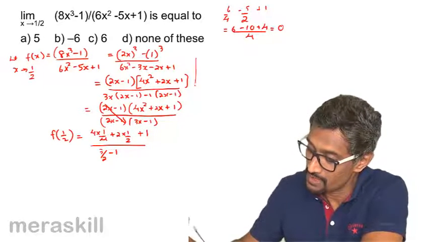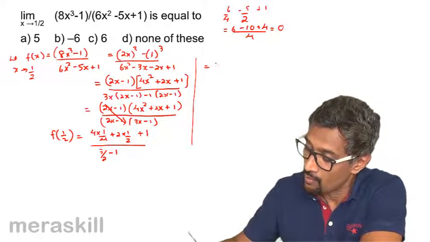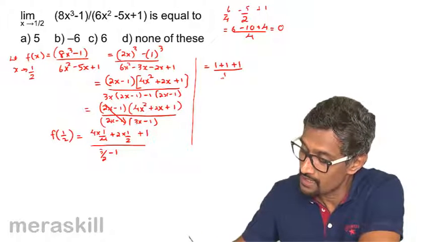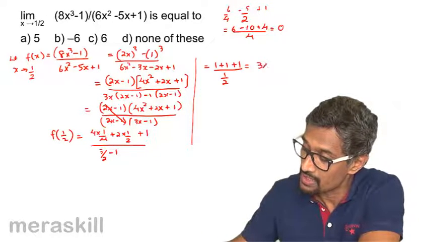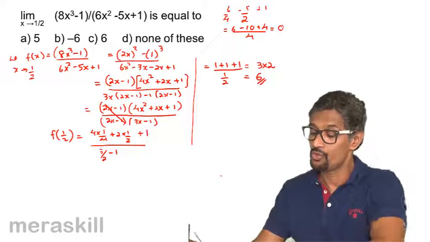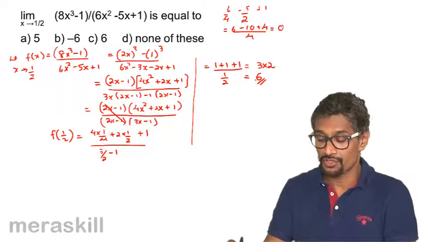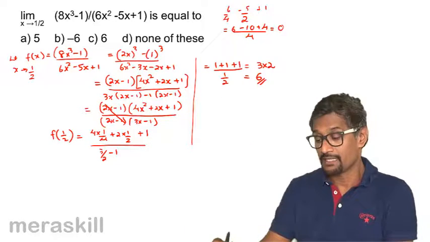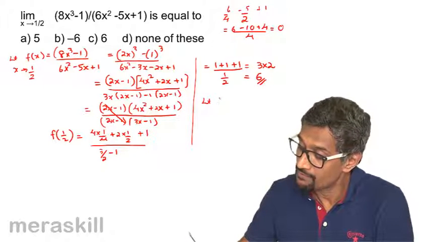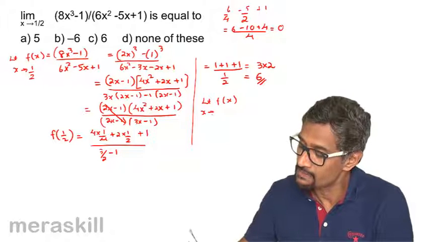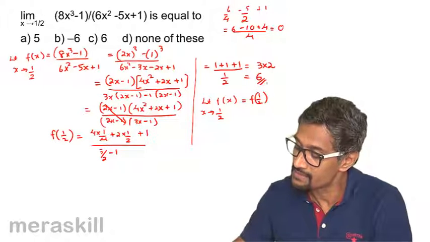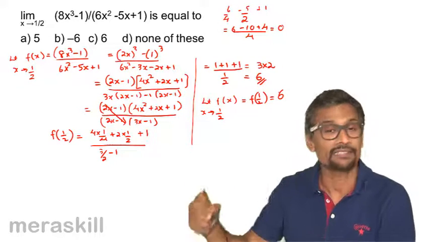This will turn out to be 1 plus 1 plus 1 upon 3 by 2 minus 1, which is half, which will turn out to be 3 into 2, which is 6. So the value of this function f of half is 6, and since the function has become determinate now, the limit of this function as x approaches half is f of half itself, that is 6.